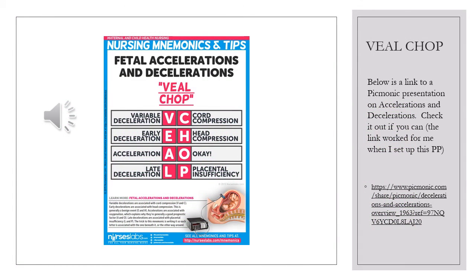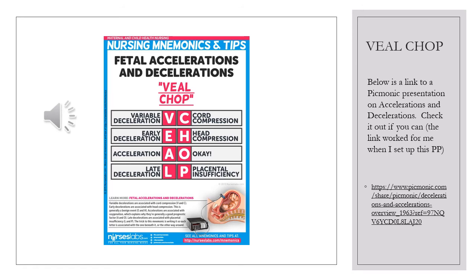Now, the easiest way to remember the details about fetal accelerations and decelerations is to remember the mnemonic FETAL CHOP. So when you have a variable deceleration, that abrupt drop that's not necessarily related to a contraction, it's due to cord compression.